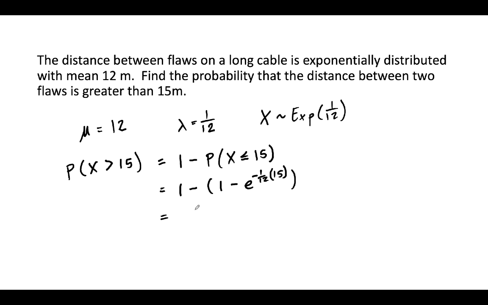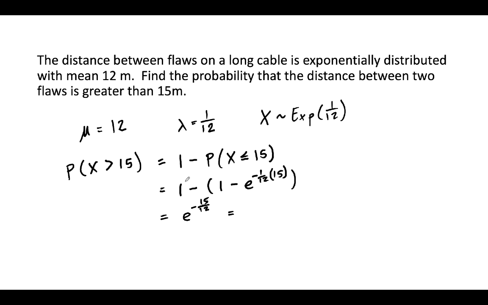This is a little property of exponential distributions: every time you do this, when you're trying to find a probability that's greater than something, these negatives will cancel, subtracting a negative, and you'll always get just a positive e to the negative lambda x. Okay, so we can go to our calculators now.